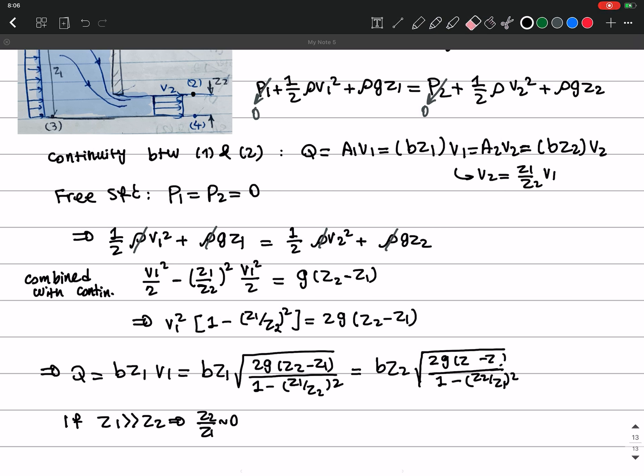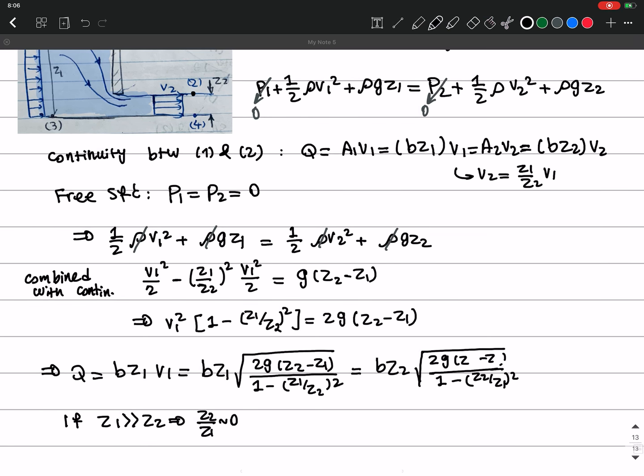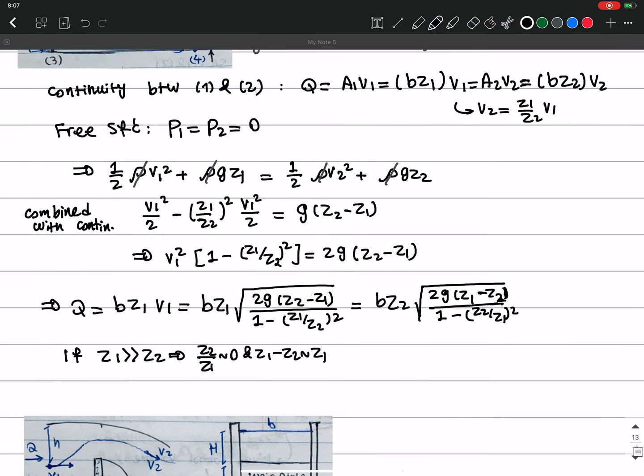So this should be Z1 minus Z2. Okay. And also Z1 minus Z2 is going to be about Z1, right?